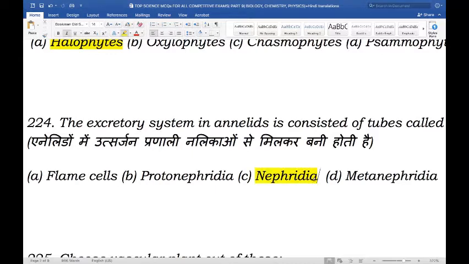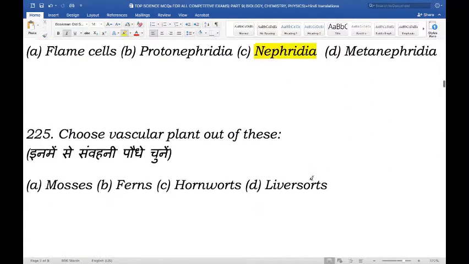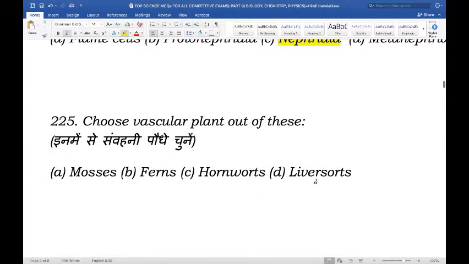The excretory system consists of structural unit nephridia. Each nephridium contains a ciliated tunnel that leads to a long coil tube which leads to bladder-like sacs. So the excretory system in ringed worms is consisted of tubes called nephridia. Moving on to the next one.